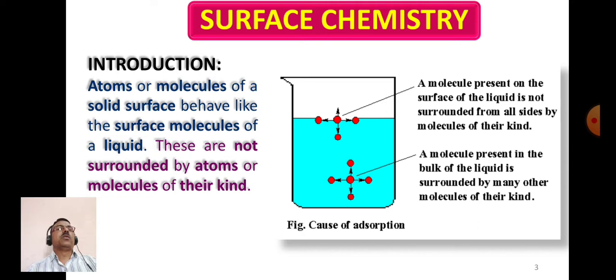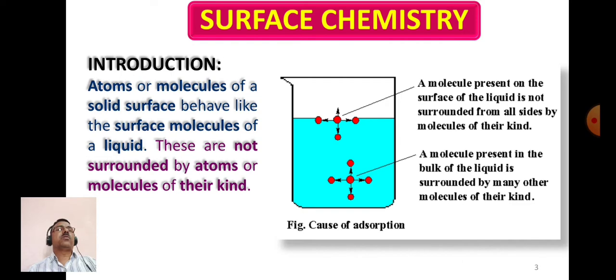But the molecule which is at the surface has unbalanced intermolecular forces of attraction. Therefore this molecule possesses more energy, and it tries to balance its intermolecular attractions by adsorbing other molecules.